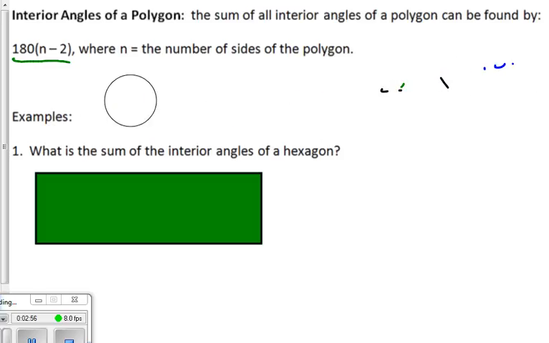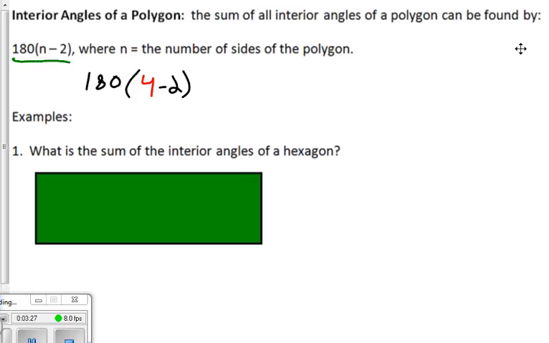Let's check for squares. We know that for squares, they have to add up to 360. So we have 90, 90, 90, 90. We have 4 of them. So again, we just plug it into our formula: 180 times however many sides there are, 4, minus 2. This should be the total if we add up all of our inside angles, for any square, or actually any quadrilateral, anything that has 4 sides.